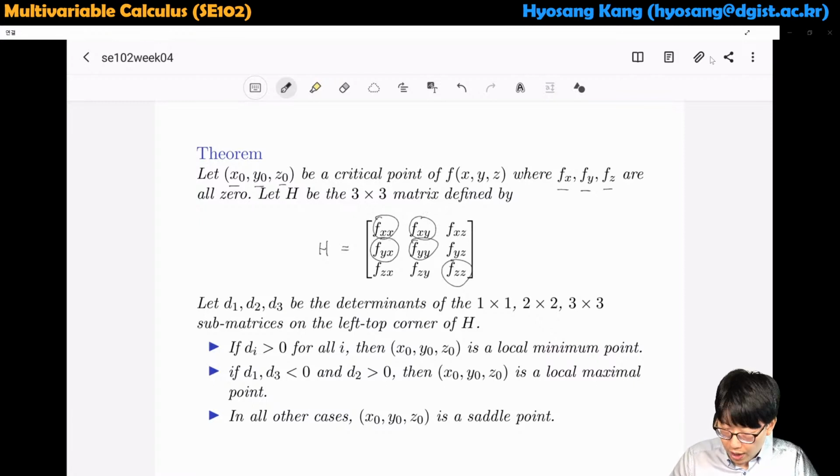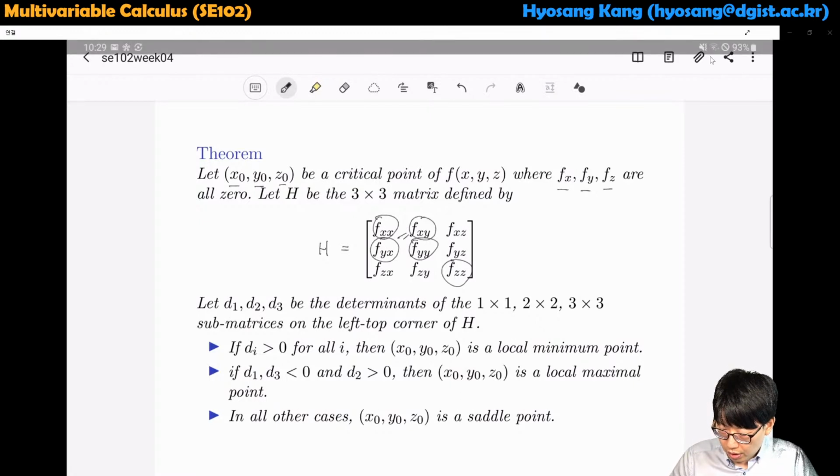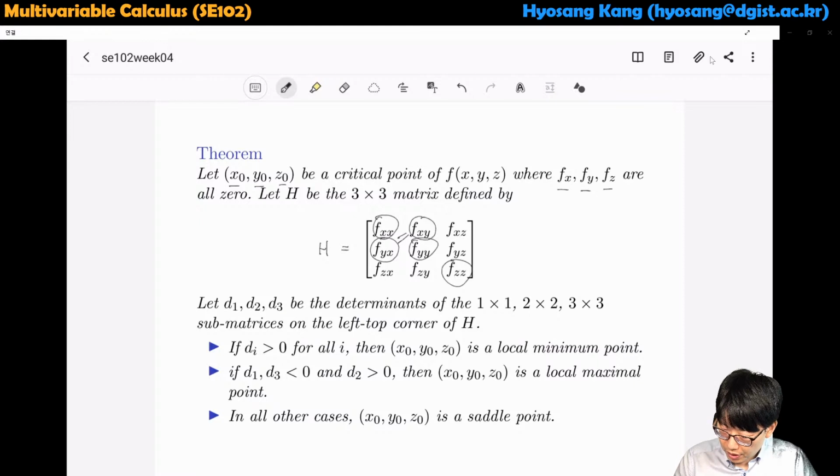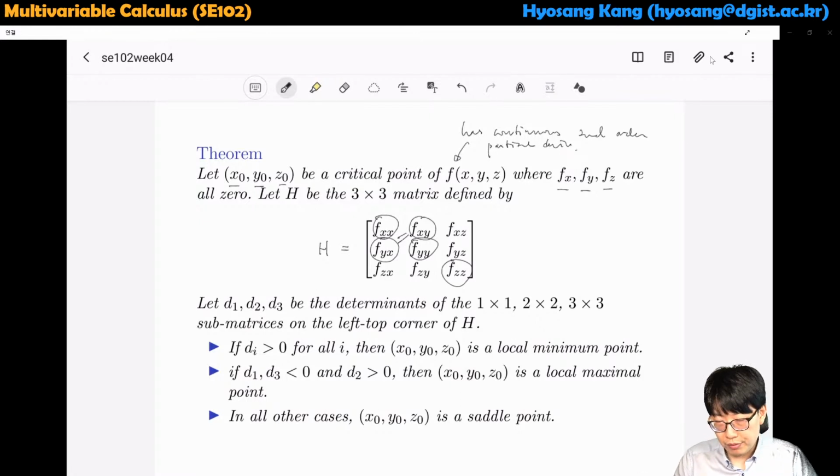We have fyx in the second row, first column entry, but these two are the same because we are assuming that this function has continuous second order partial derivatives. When we use this kind of method, we always assume that the function has continuous higher order derivatives.